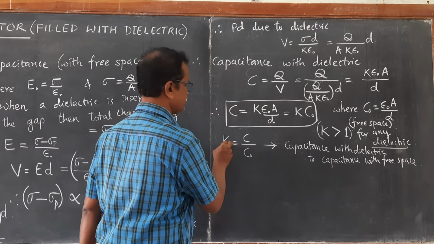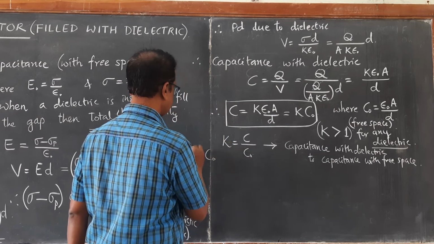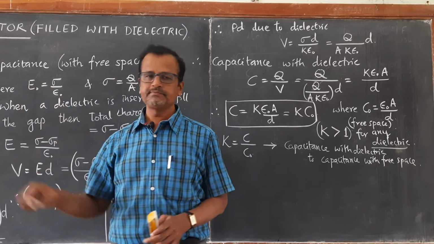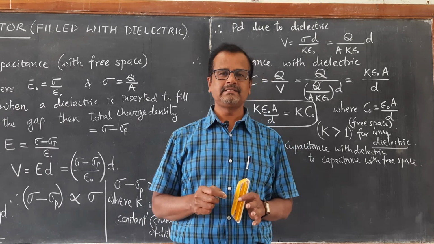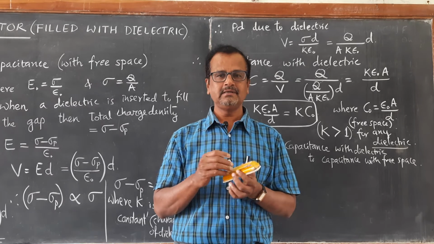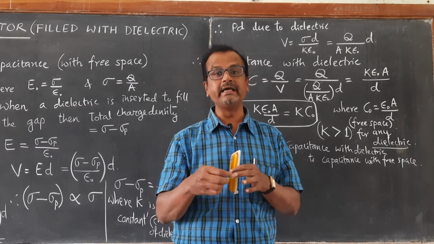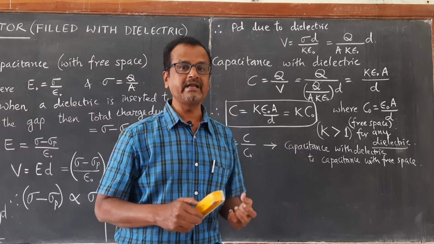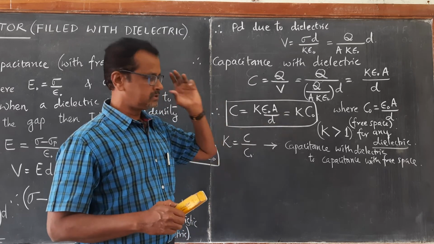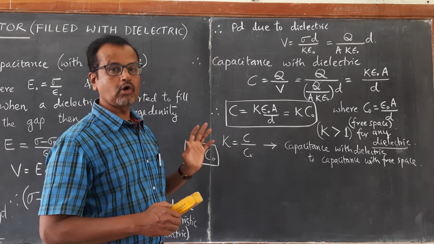Therefore, K is always greater than 1, therefore, C is always greater than C naught. Thus, by inserting a dielectric in the gap of the parallel plate capacitor, potential difference decreases and the capacitance increases. The capacitance enhances by K times C naught. So, this is one way of defining the dielectric constant.